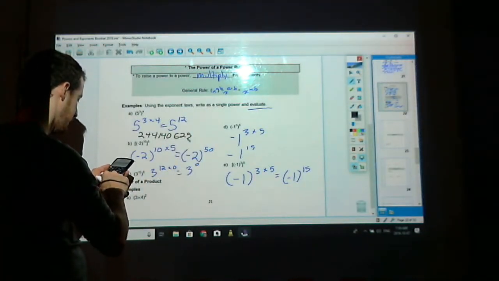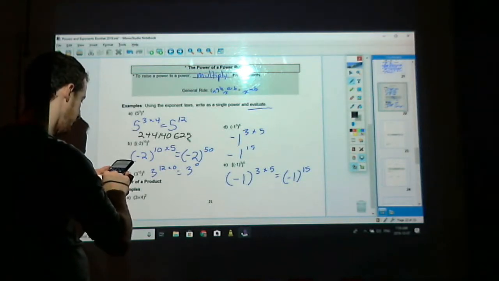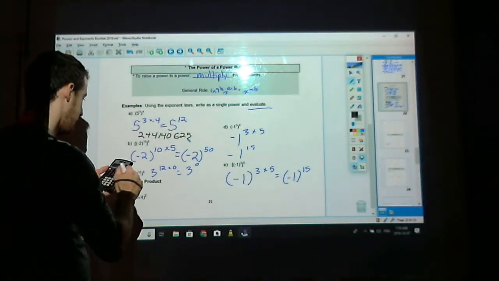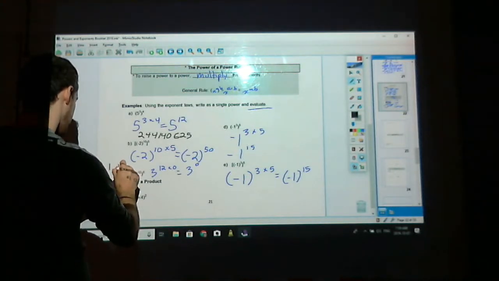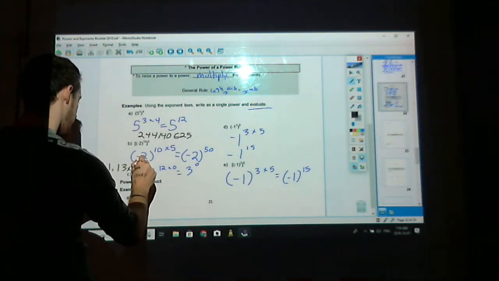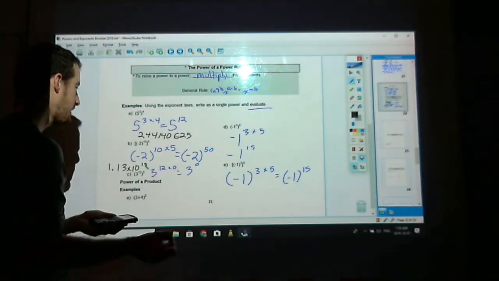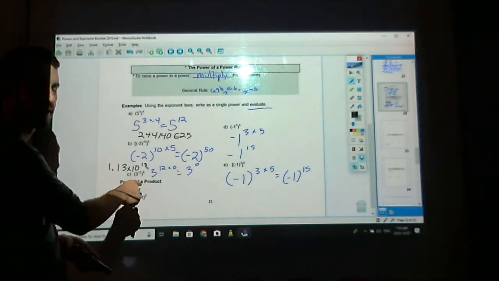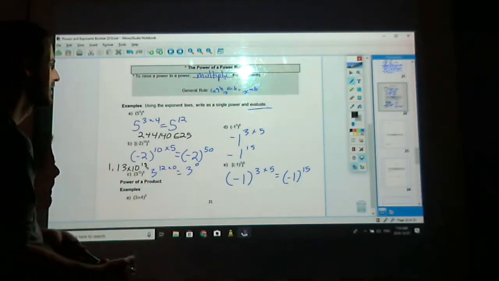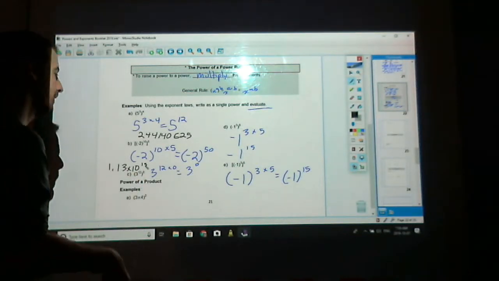We have negative 2 to the power of 50, and that is equal to 1.13 times 10 to the power of 15. Too big to really solve. That's all right. We're going to talk about scientific notation. What does this mean in lesson, I believe it is 9. So we'll get there.